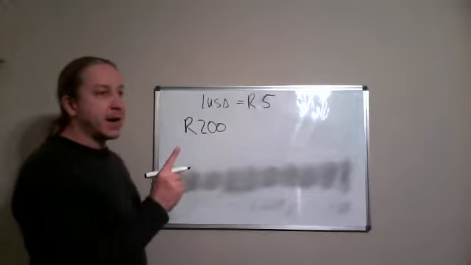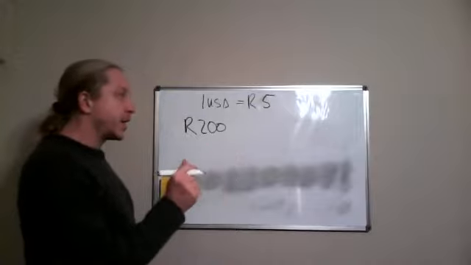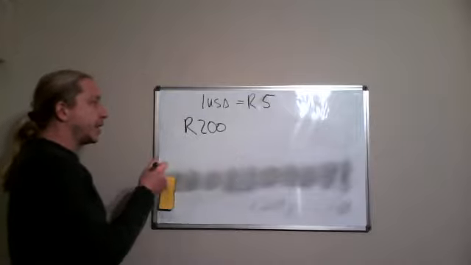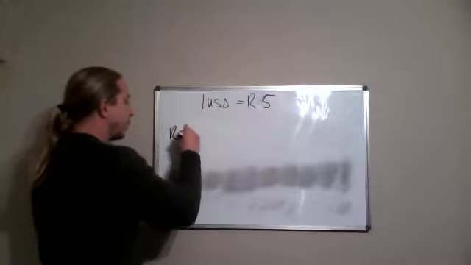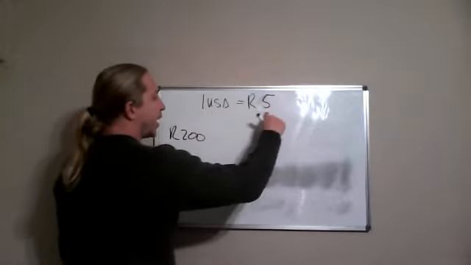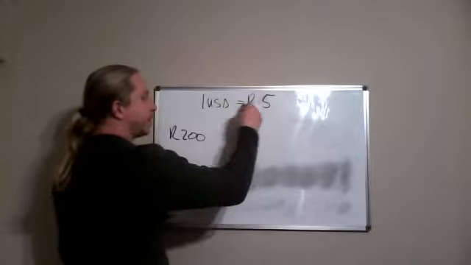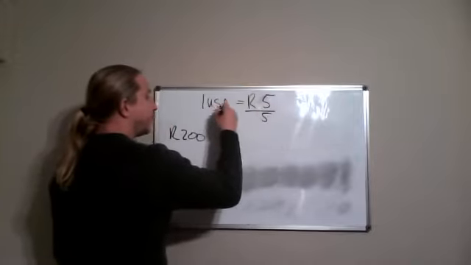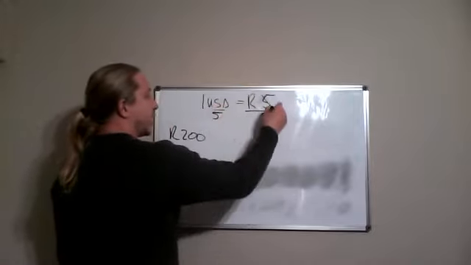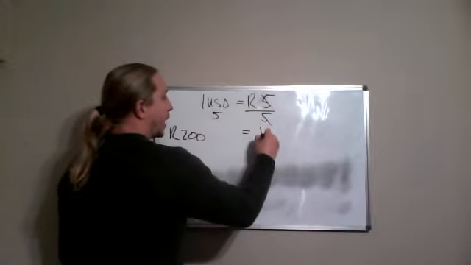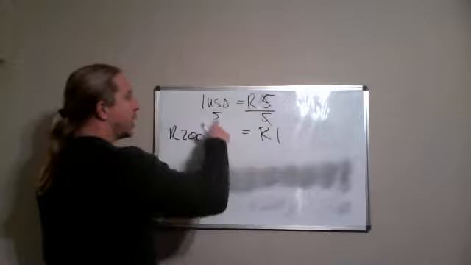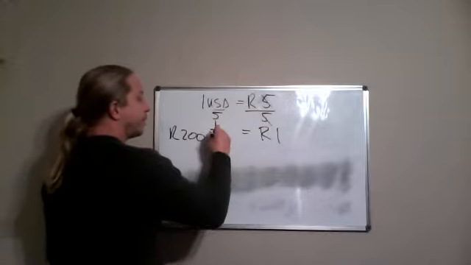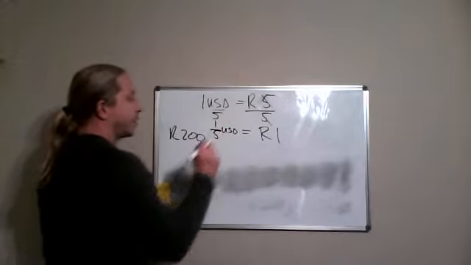If we can find out how many dollars 1 Rand can get us, we just multiply by that. So we can convert this formula. We divide both sides by 5. The 5's cancel, we get 1 Rand, and 1 Rand is 1 over 5 USD.